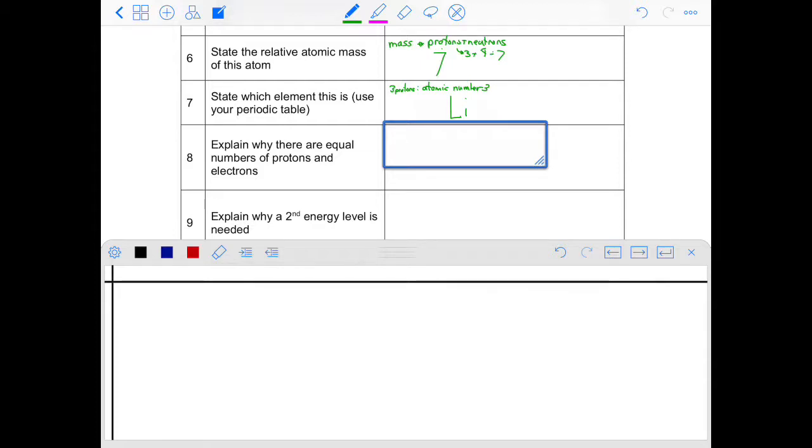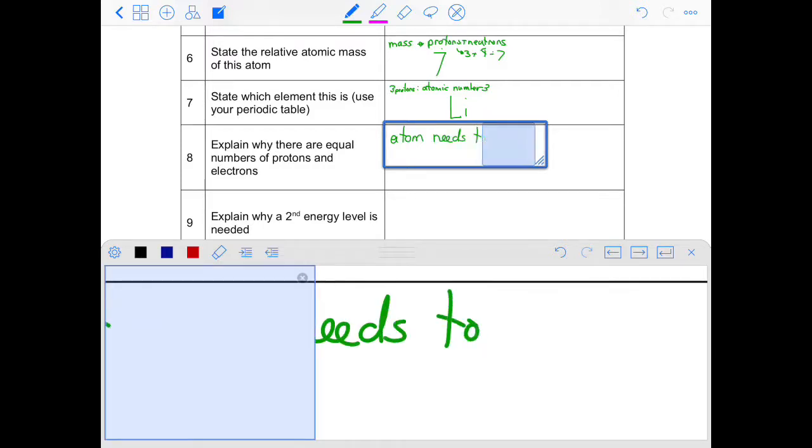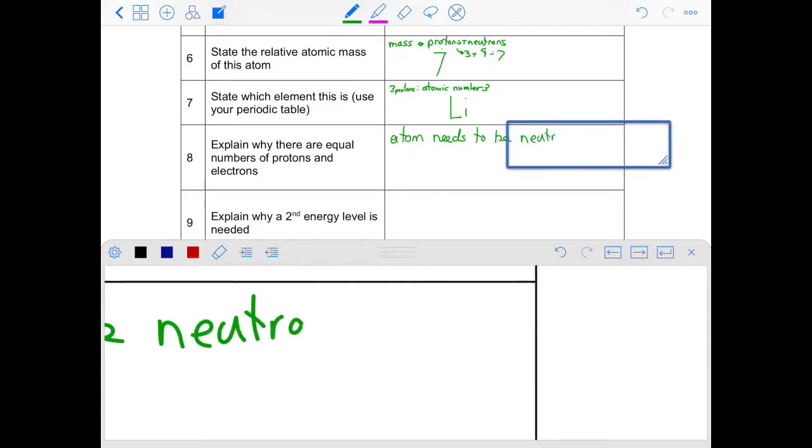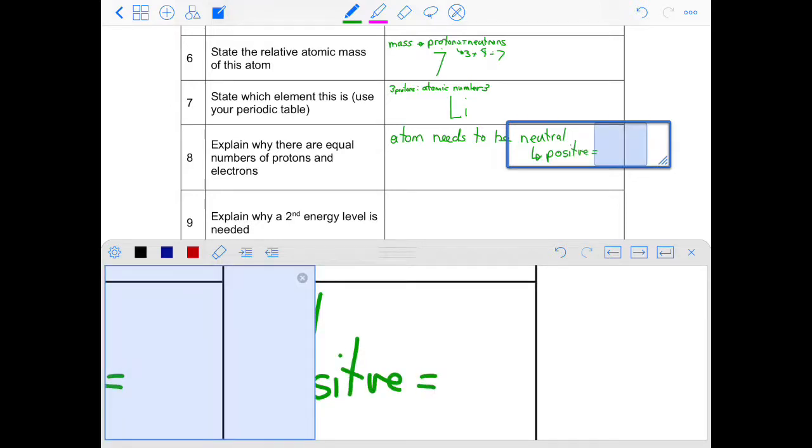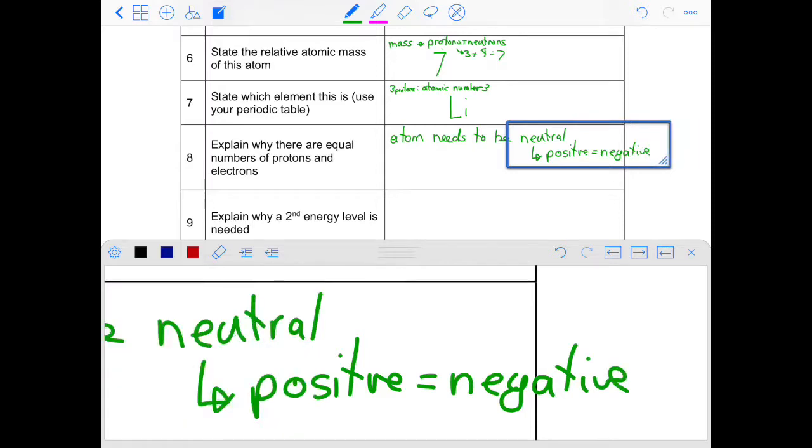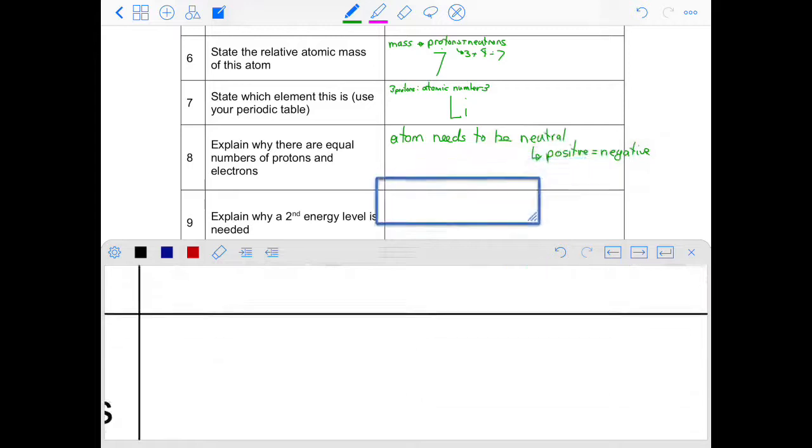We know there's an equal number of protons and electrons because the atom needs to be neutral, which means that the positive needs to be the same as the negative. So, same number of positive protons as negative electrons.